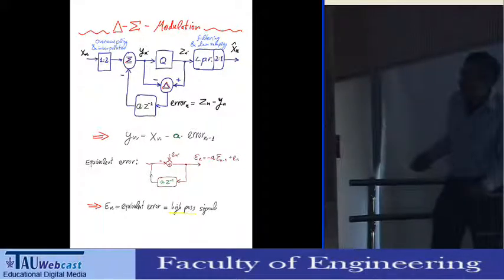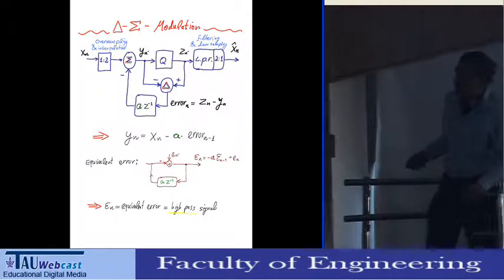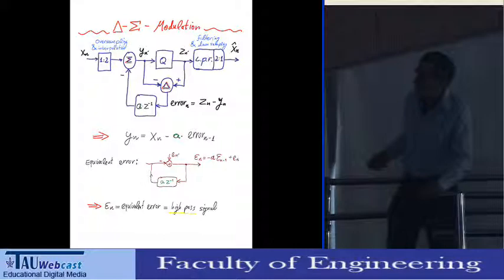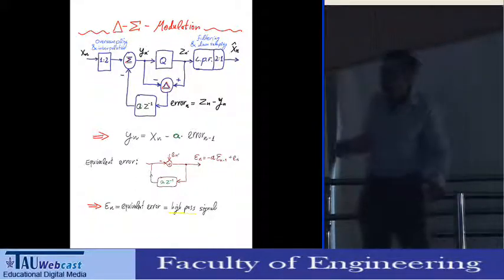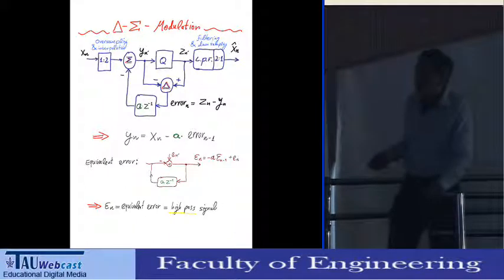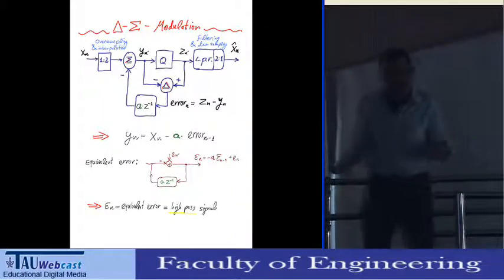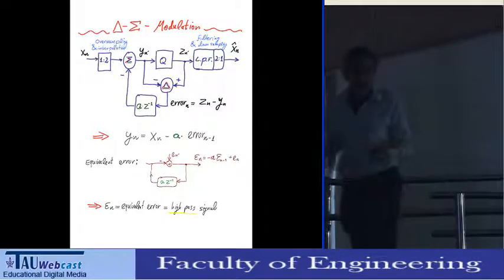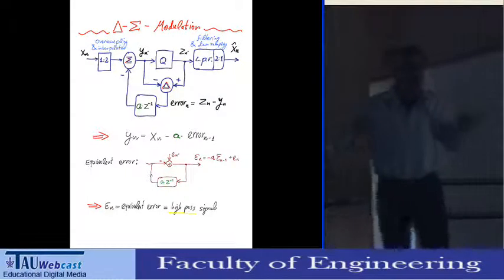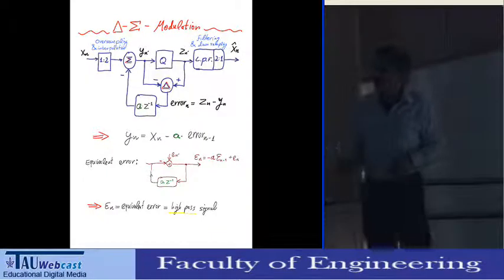So I'm getting this picture, a simple filter that sees the quantization error, and you can see that the equivalent error is given by minus the previous one, plus the new quantization error. And if quantization errors are like an IID process, then you can see that this is an autoregressive model, and because of the minus, it is a high-pass model. So the noise is more in the high-pass part of the spectrum.